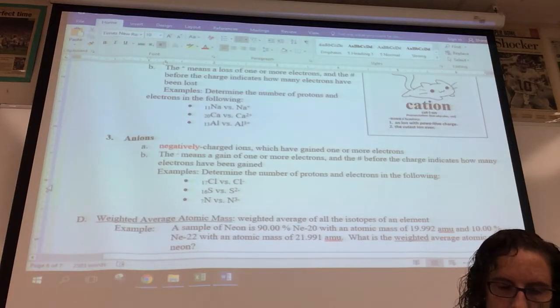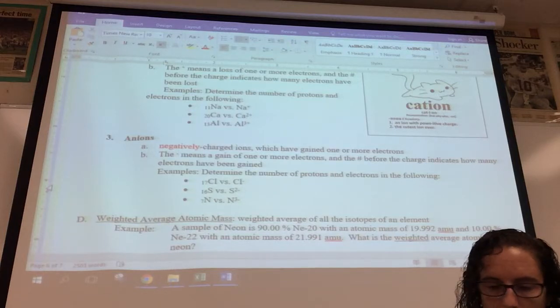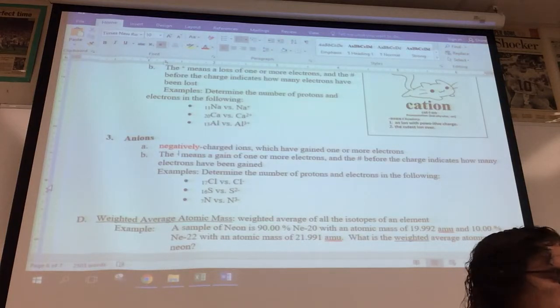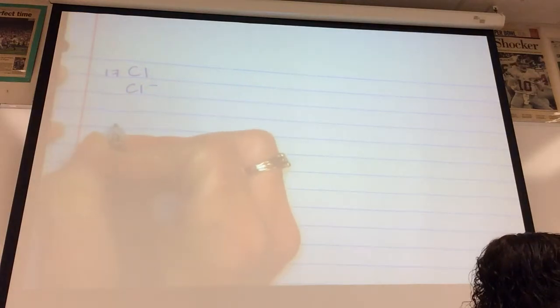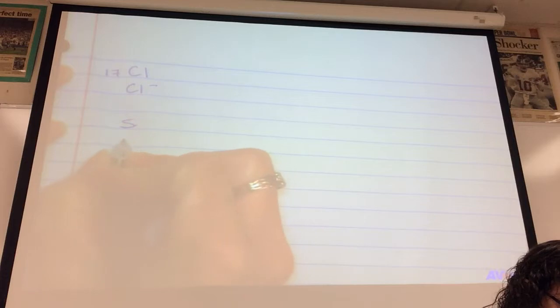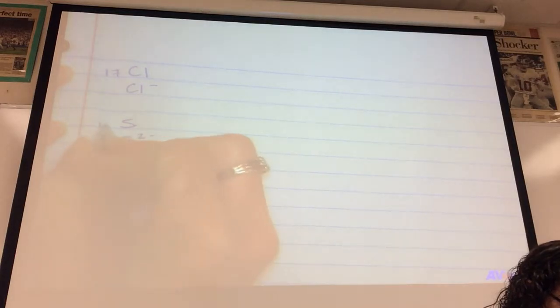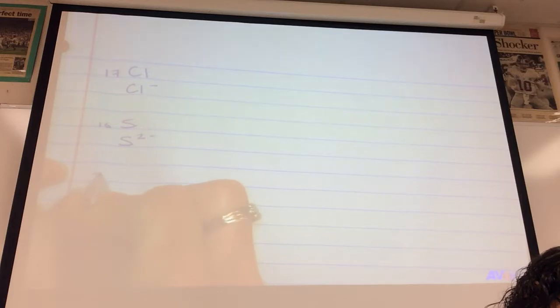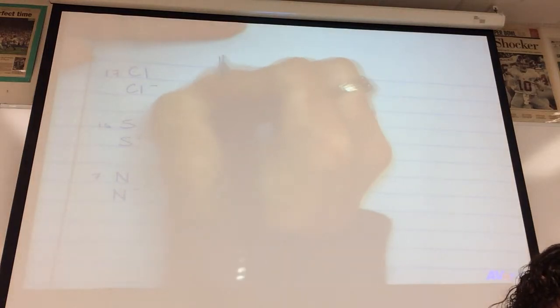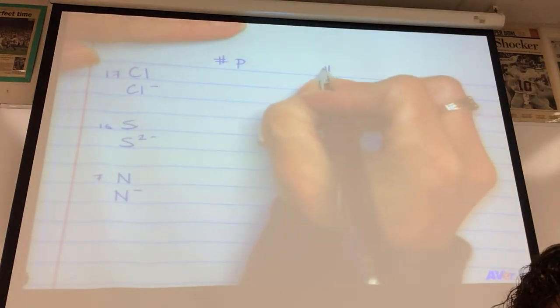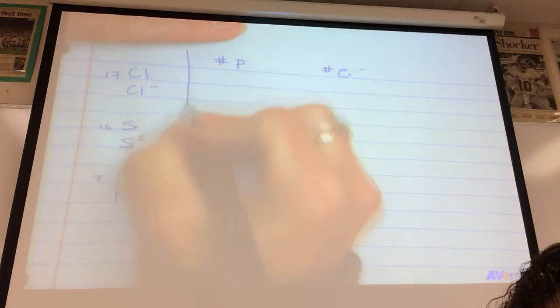So let's look at a series of atoms and their corresponding anions. For example, we have chlorine and chloride ion. We have sulfur and a sulfide ion. We have nitrogen and a nitride ion, and we want protons and electrons.